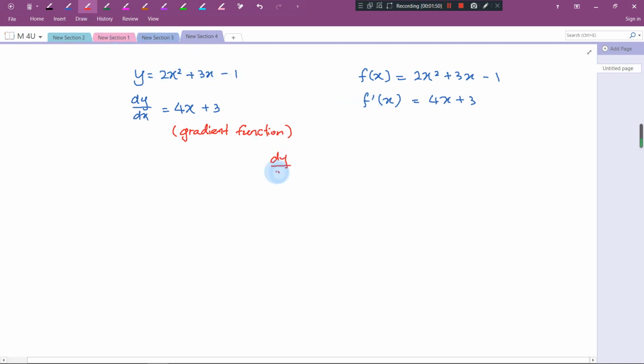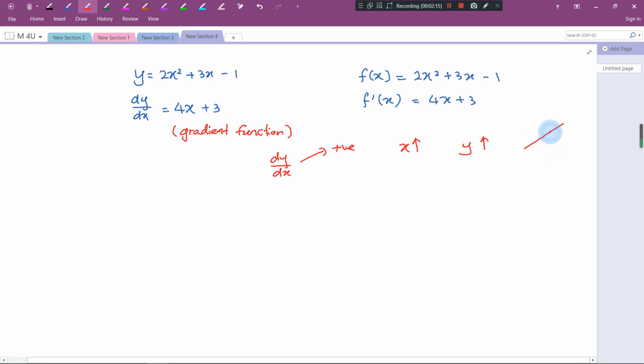If you get the value of dy by dx, the first derivative, positive, it means that when the value of x increases, the value of y increases as well. So this means that the gradient of the tangent is this way, going upward, having a positive gradient. X increase, y increase.